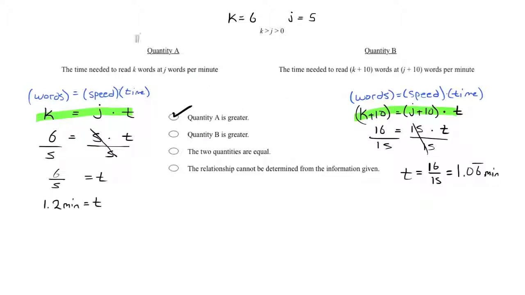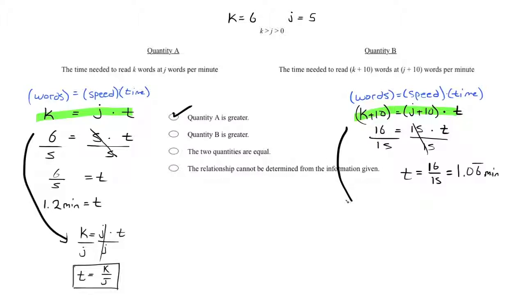And what I want to do, just real quick, is look at these two equations that have quantity A and B embedded in them. K equals J times T. Solve for T symbolically. This says that T is always K divided by J. Likewise over here, K plus 10 equals (J plus 10) times T. I should add that these parentheses are very important.